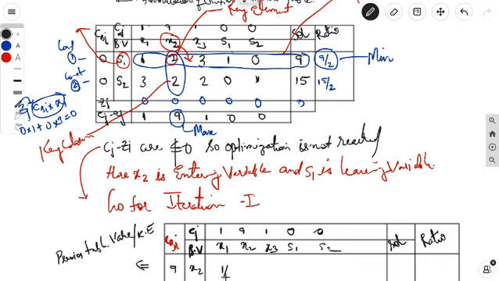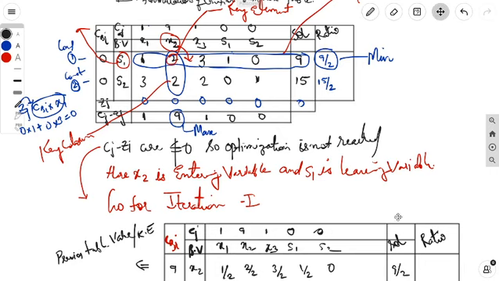So this becomes 1 by 2. Okay, 2 by 2 is 1, 2 by 2 is 1, this is 3 by 2. Okay, this is 1 by 2, and this is 0, this is 0. Now have you got it? Okay, and this becomes 9 by 2. Solution also becomes 9 by 2.